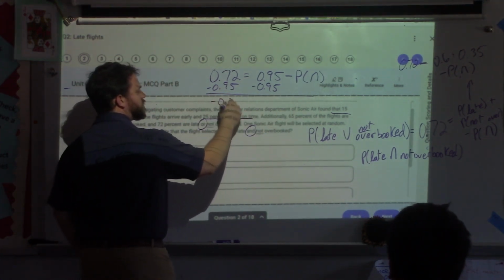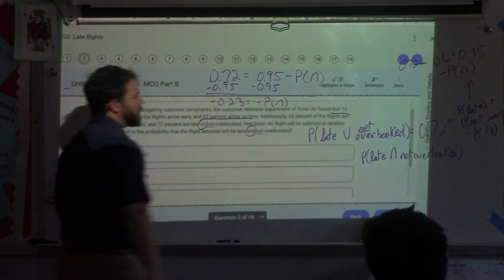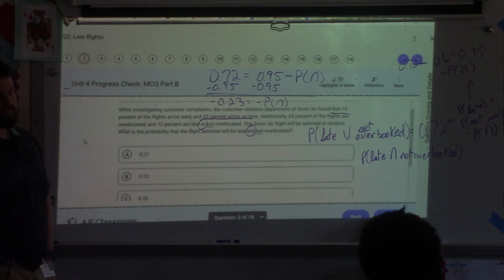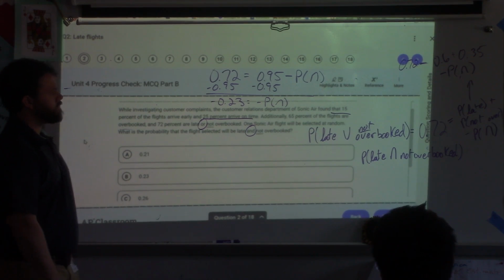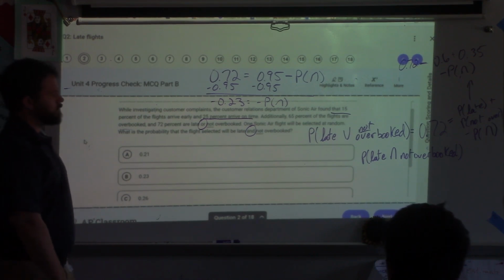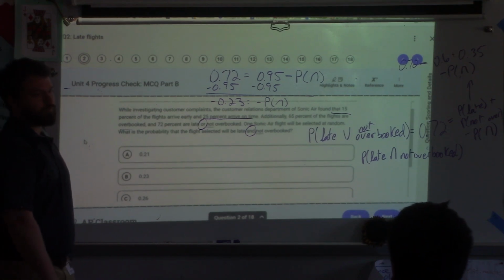Wait, why would it be? I don't know how to say this. There are only two outcomes, overbooked and not overbooked, right? So how would there be an intersection?